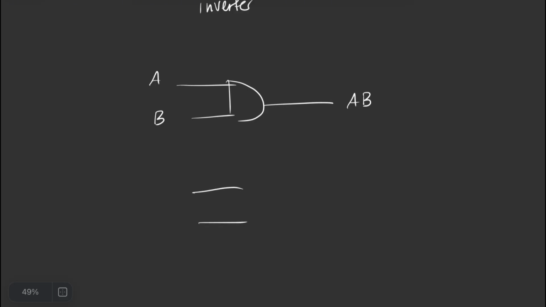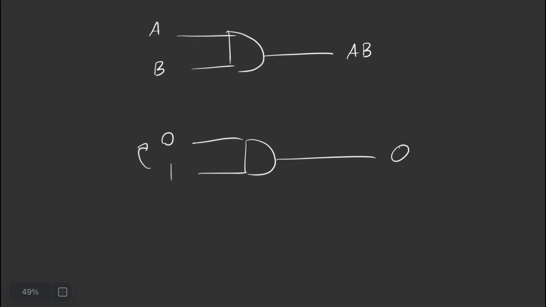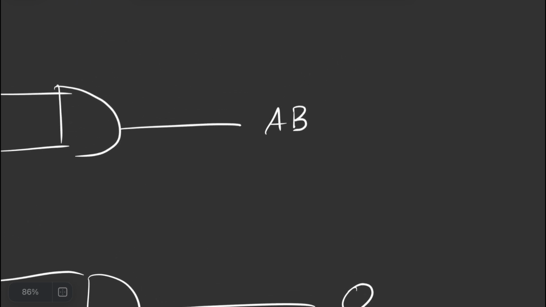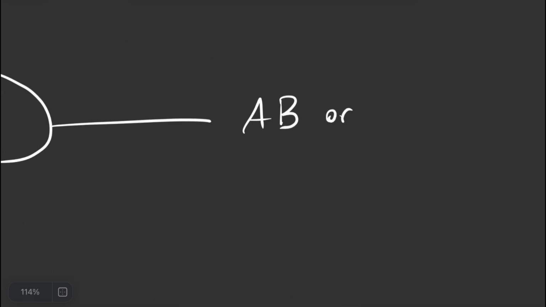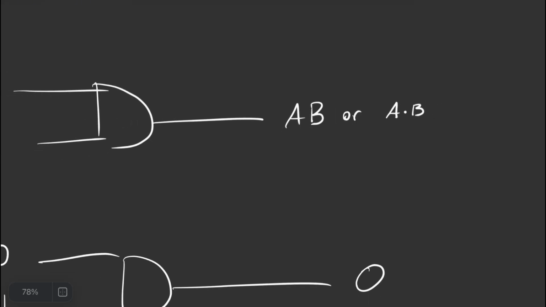For example, if I input a 0 and 1 into my AND gate, it will produce a 0, and the order does not matter. If I input a 1 and a 1 into my AND gate, it will output a 1. So the functionality of an AND gate is similar to that of multiplication. That is why the output for the AND gate can be represented as AB or A and B.